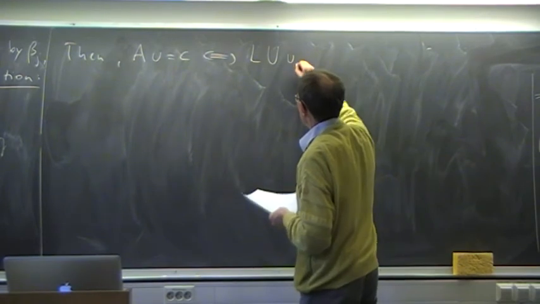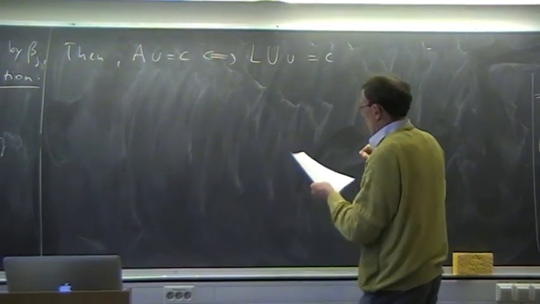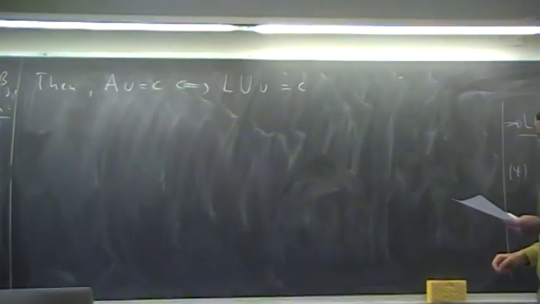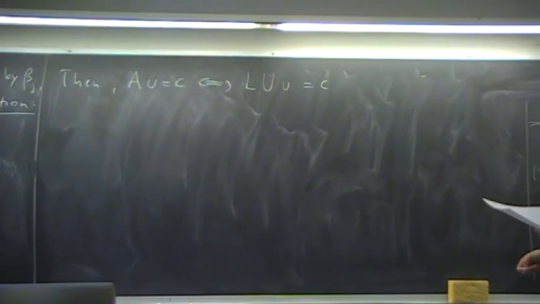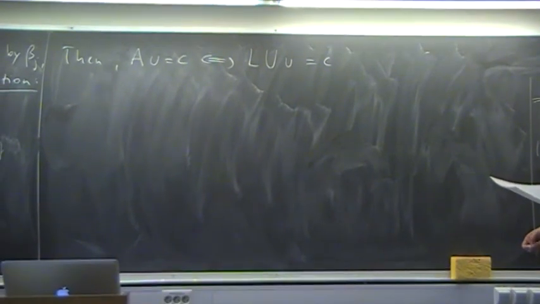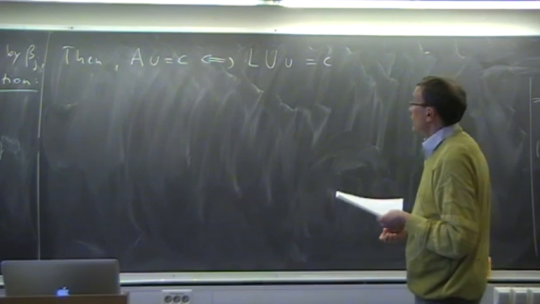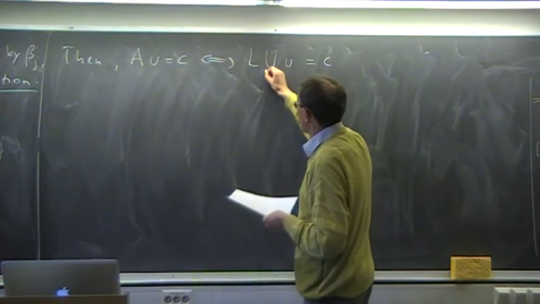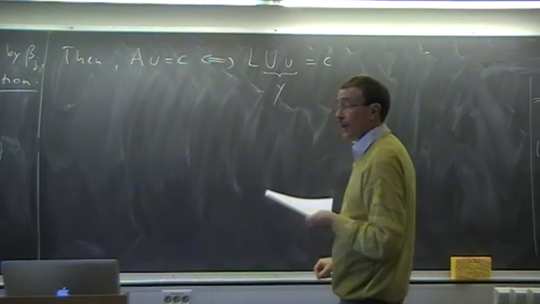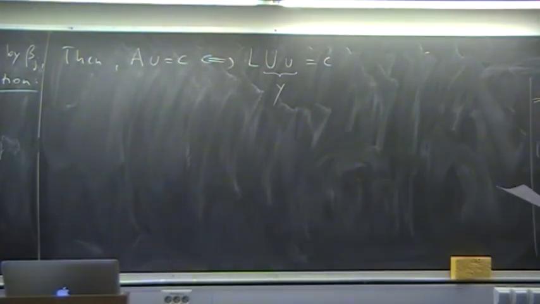So now we solve this. How can we do that? Well, the trick is that we solve it in 2 steps. First we solve L times, let's call it y, equal to C.